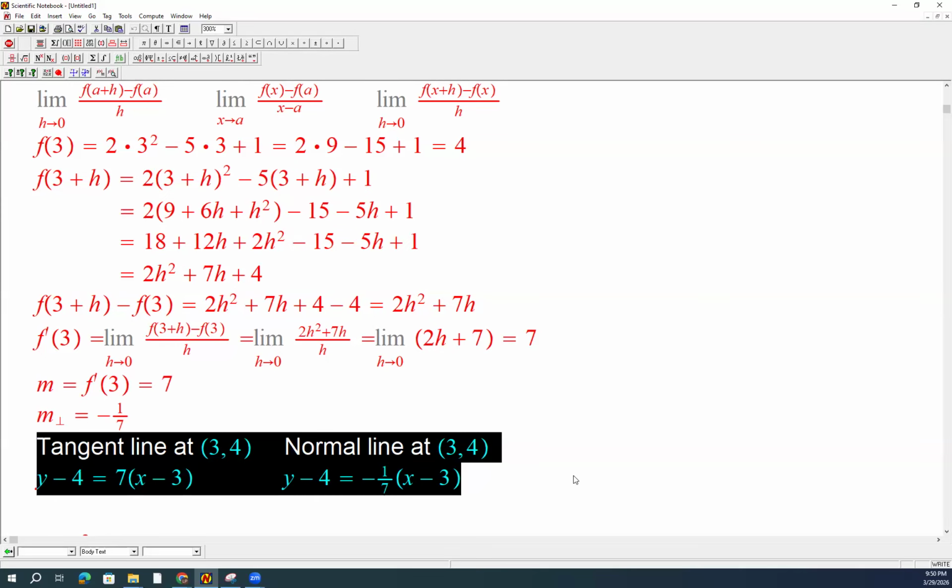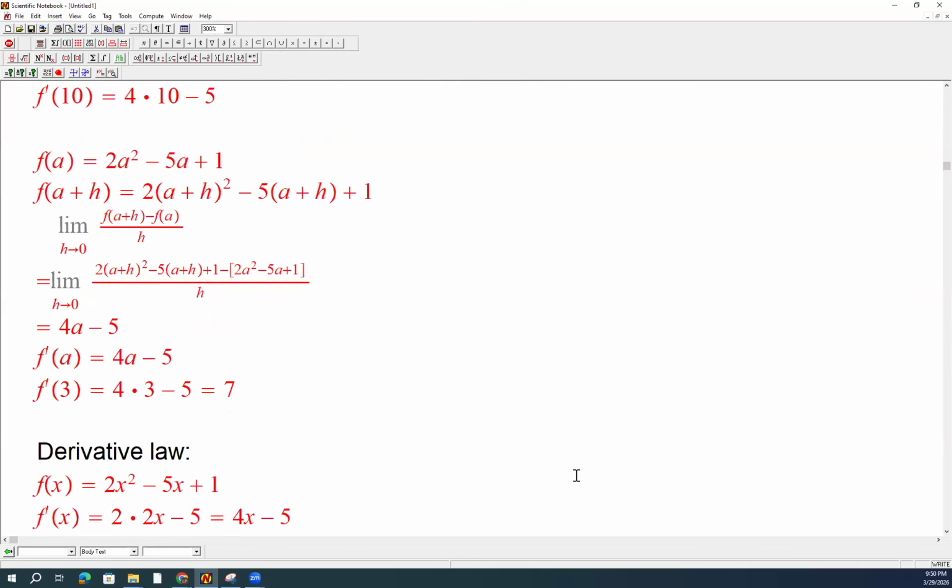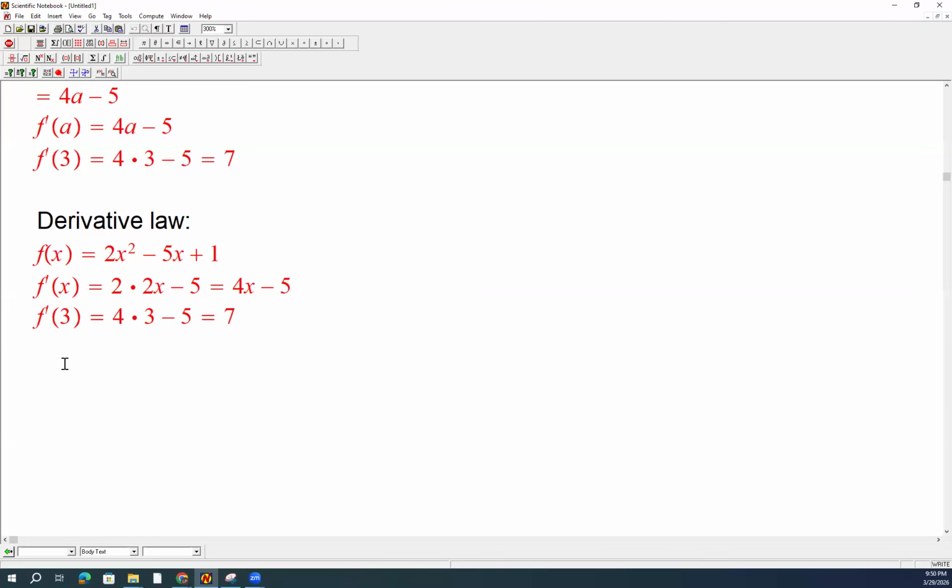Okay, I hope this will help, and I tried to make it short. So this summarizes all these ways that we can find the slope of the tangent line.